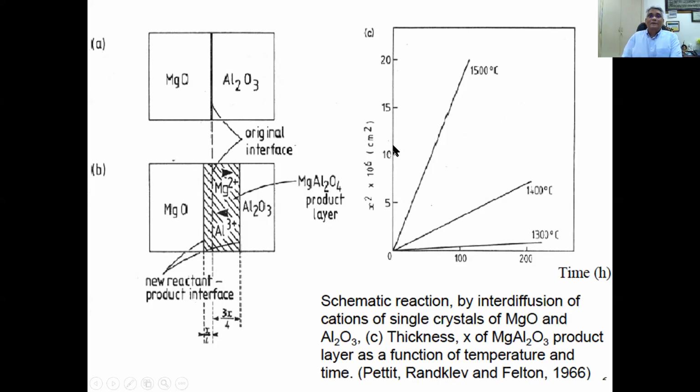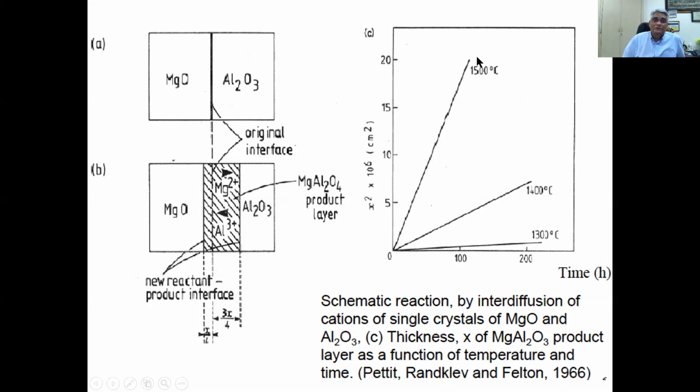You can see the way a product layer forms, X square, depends on the temperature, okay? 1300 degrees centigrade, 1400 and 1500 degrees centigrade. And the number of hours that it takes to form a product layer is certainly less at higher temperatures compared to lower temperature. And when I say high temperature, what is the highest temperature you can go to?